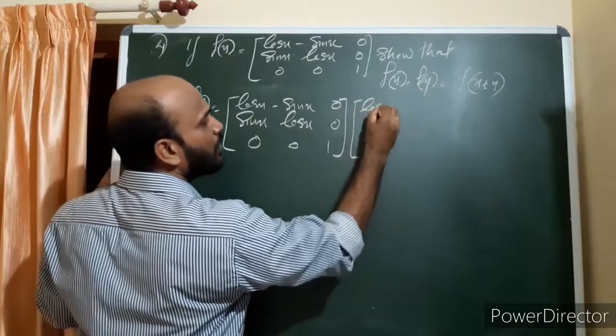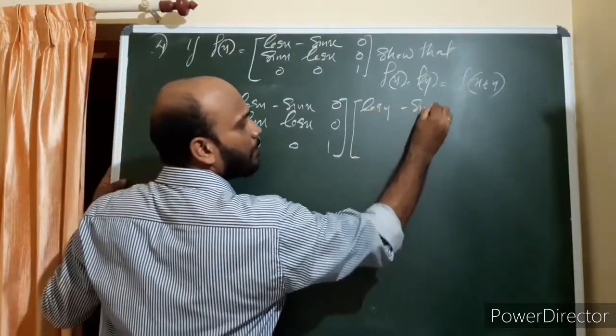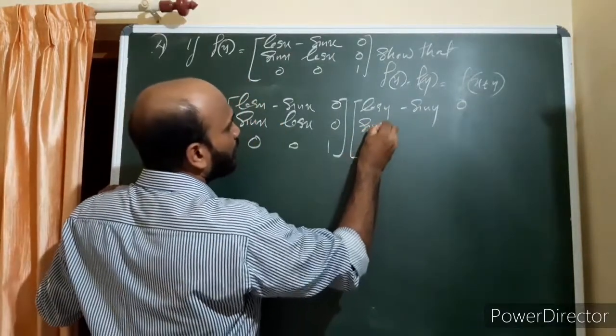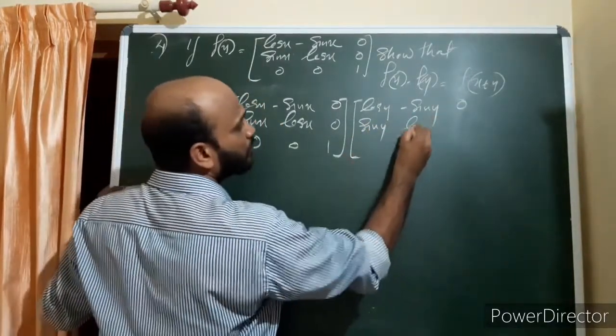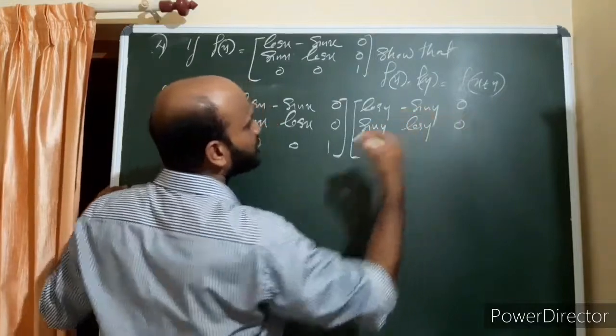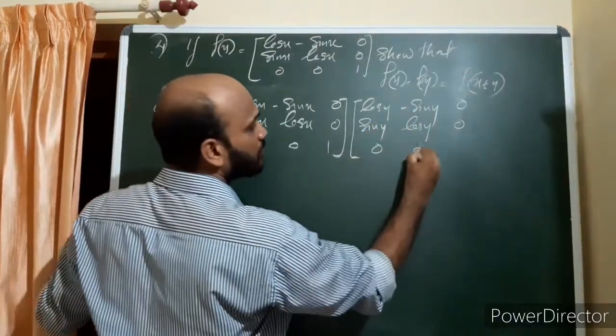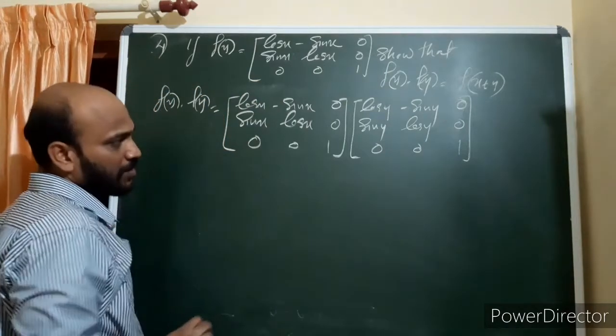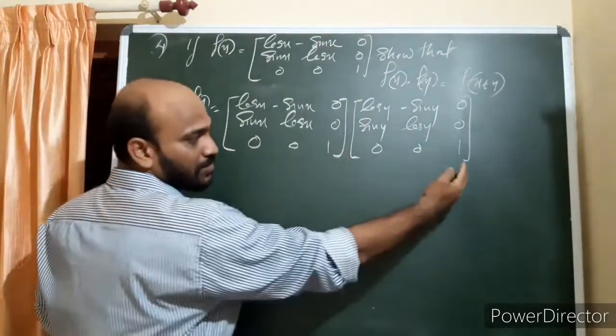F of y means [cos y, minus sin y, 0; sin y, cos y, 0; 0, 0, 1]. Now we want to multiply these two matrices. This is a 3 by 3 matrix, 3 by 3 matrix.